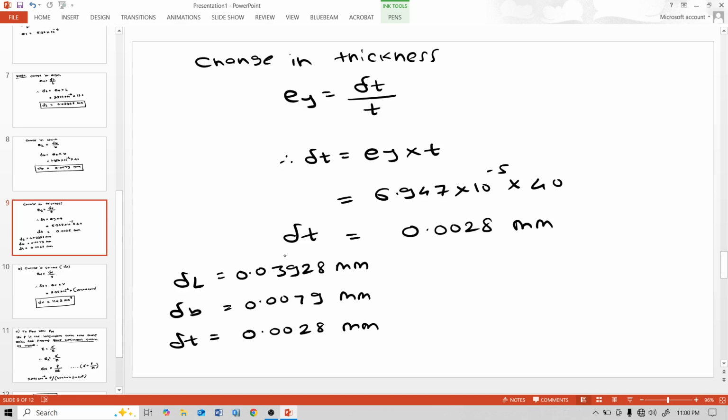So, change in length is 0.03928 mm, change in width is 0.0079 mm, and change in thickness is 0.0028 mm. Observe, this change in length is bigger as compared to change in thickness and change in width, because length is 120 mm and width and thickness are 40 mm. Length is bigger, so change in length also comes bigger.